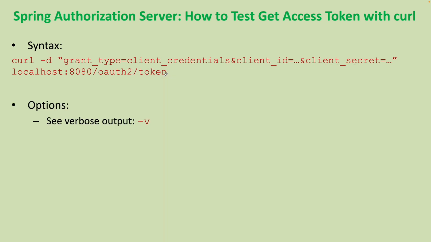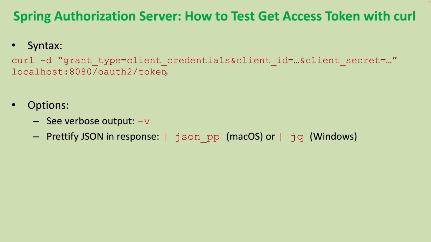And you can use the option -v to see the verbose output to check the details of the request and response. And to prettify JSON in the response body, you can use the pipe syntax, pipe json_pp on macOS or pipe jq on Windows.